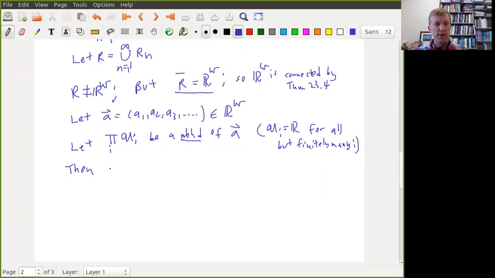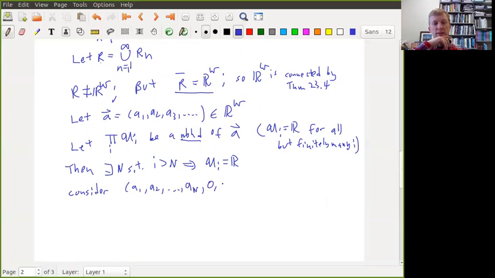So there exists an N such that if i is greater than N, then U sub i equals R. Now consider the element A1, A2, all the way up to A sub N, and then everything with a 0 after that. I'll call it lowercase r.